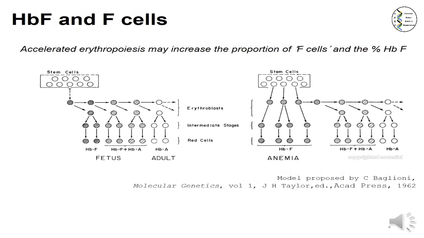Whereas in a sickle cell disease individual, we know that these individuals undergo hemolysis. So in order for the bone marrow to compensate for the loss of these red blood cells, it undergoes stress erythropoiesis, and as a result, there's accelerated erythropoiesis, and there are increased levels of fetal hemoglobin being produced, and subsequently higher levels of F cells will be present in these individuals with sickle cell disease.